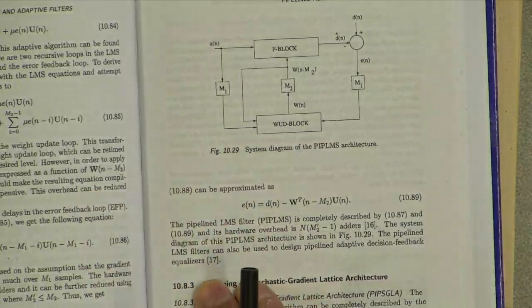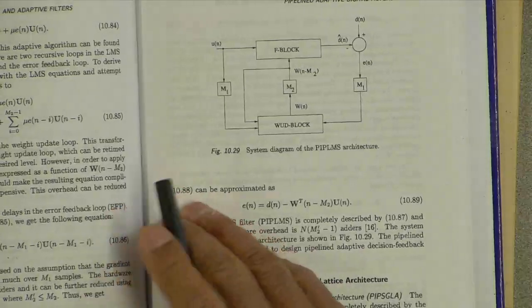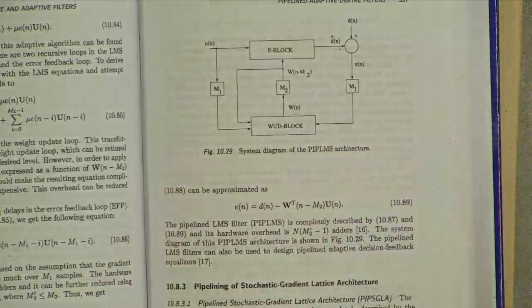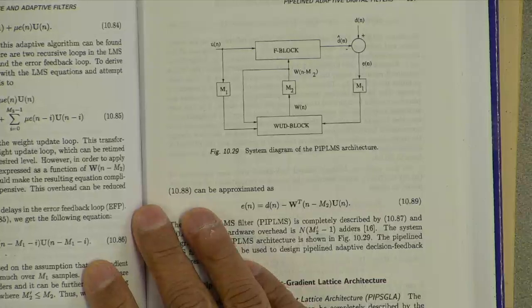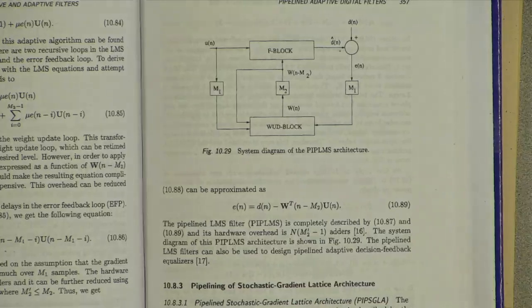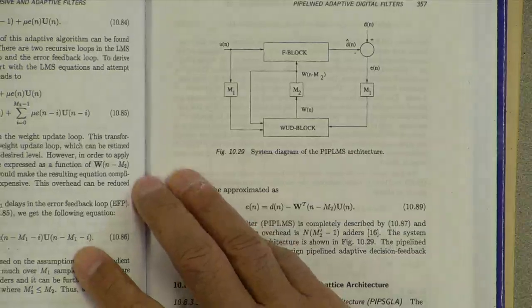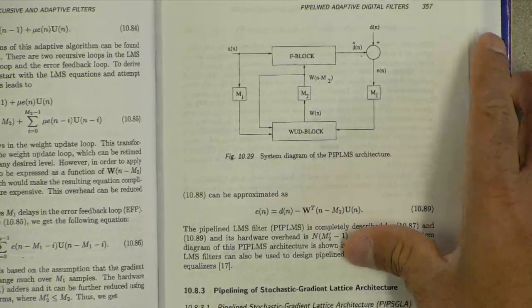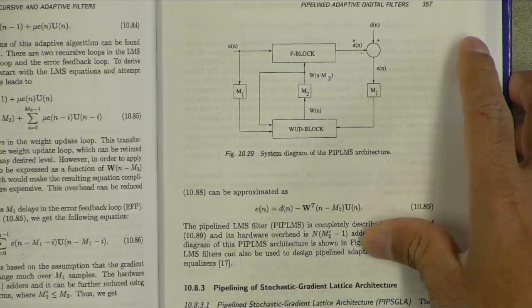So the basic ideas are as useful today to train deep neural networks as they were to pipeline least mean squared adaptive filters. Whether it is the stochastic gradient descent used in deep neural networks or the LMS, they're all the same algorithm. People say they're different, but they aren't really that different. The training algorithms are the same, these are the same adaptive equations used in different contexts. Okay, that's what a delayed LMS is.